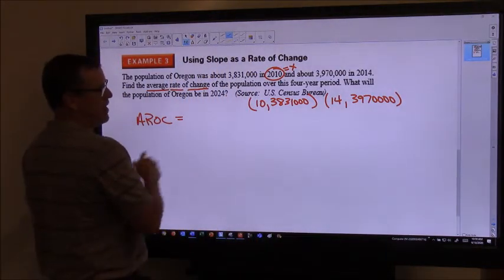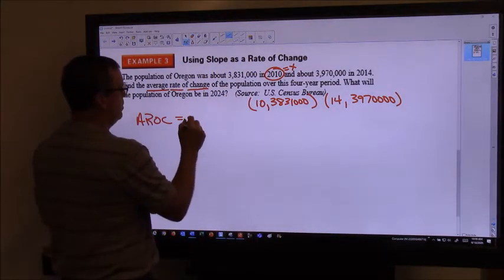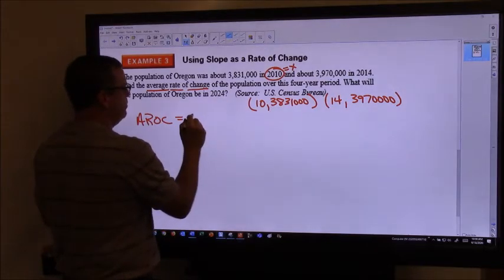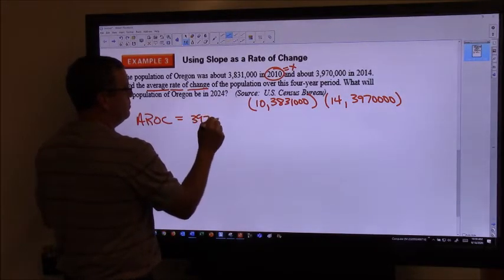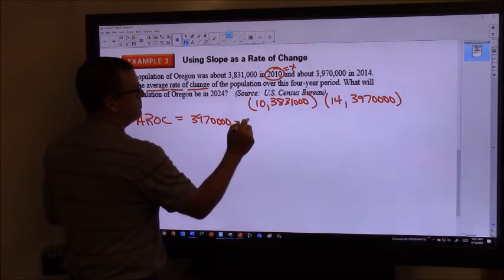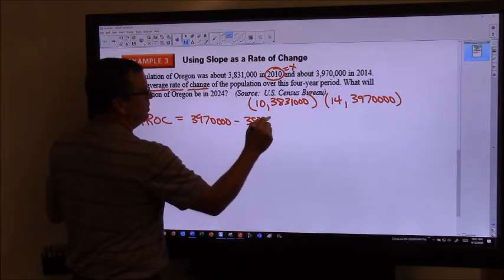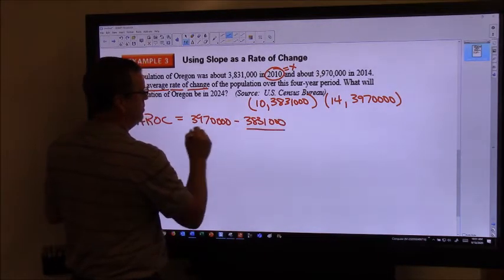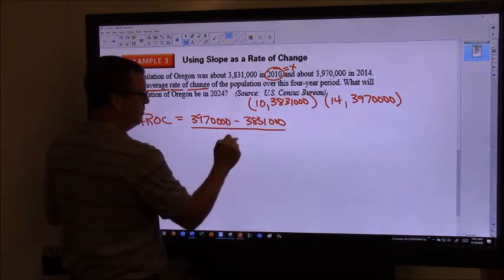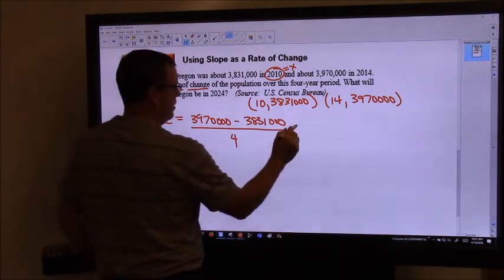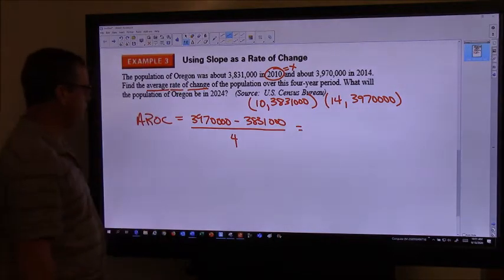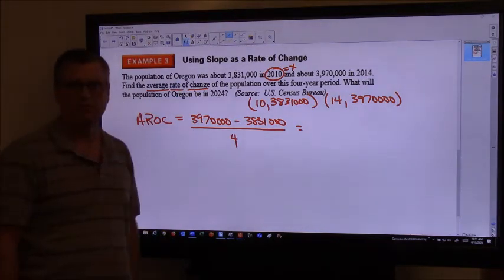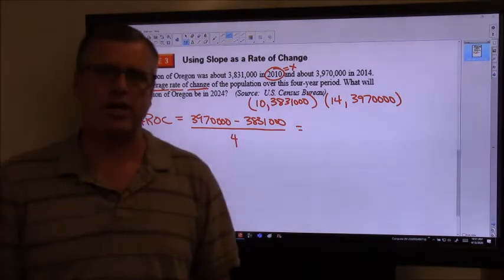So if I want to find the average rate of change, which is just the slope, I'm going to do y2 minus y1. 3,970,000 minus 3,831,000, all over 14 minus 10, which is 4. And so if I subtract those, I'm not ready to do subtraction in the millions yet.